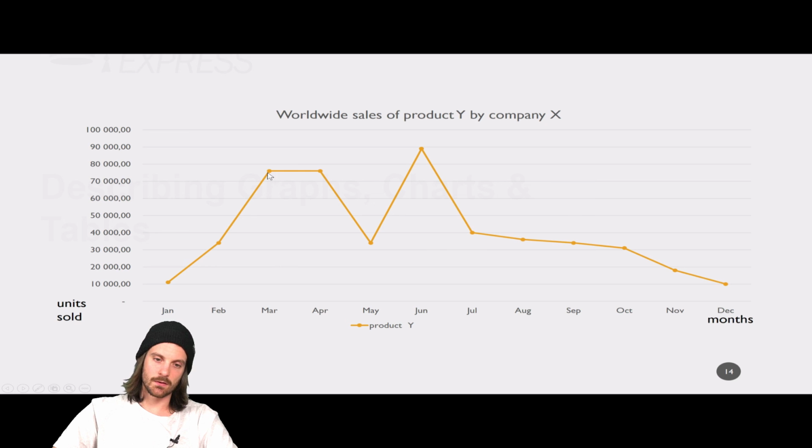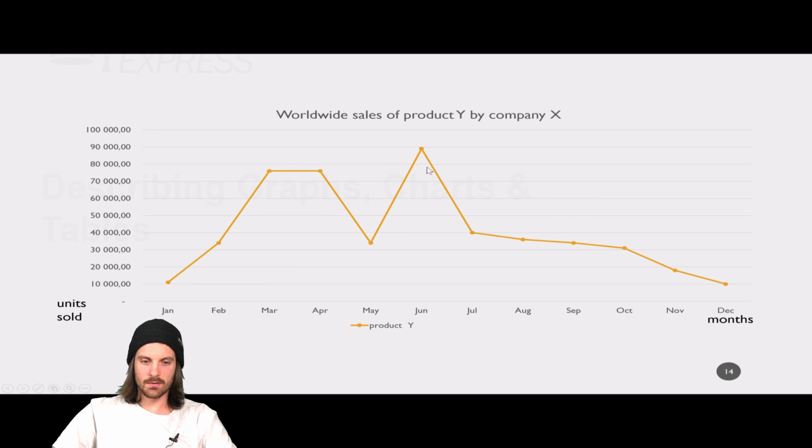And then you can start describing. You might not only start with January, then move to February, but you might start with June, I don't know the year, where the company sold 90,000 units worldwide, compared to January.